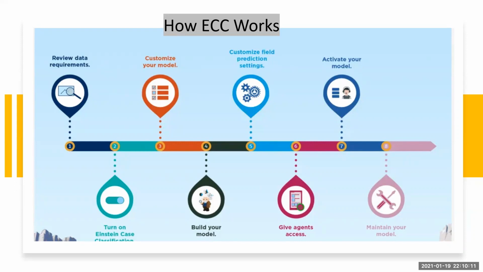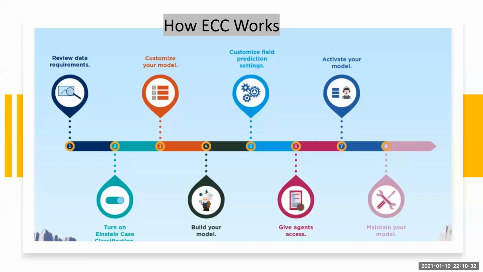Once everything is done and we have predicted and customized everything, the next step is we will give access to the agent, so that the agent can see the data, because their day-to-day work is triaging the cases and prioritizing them.